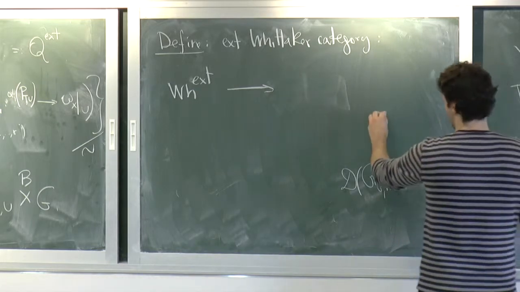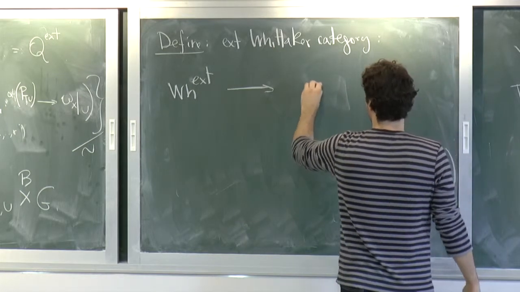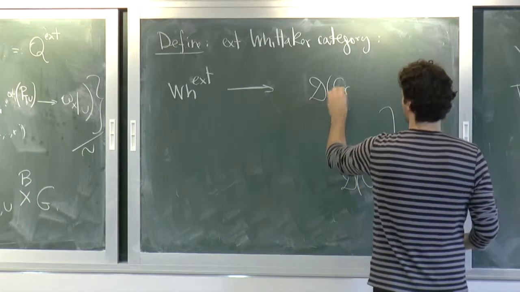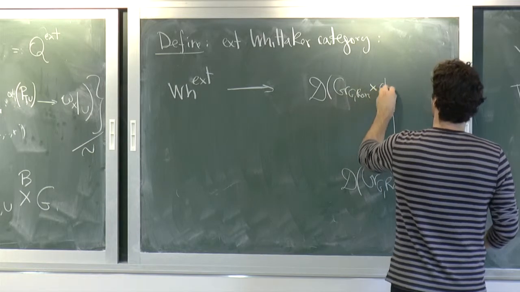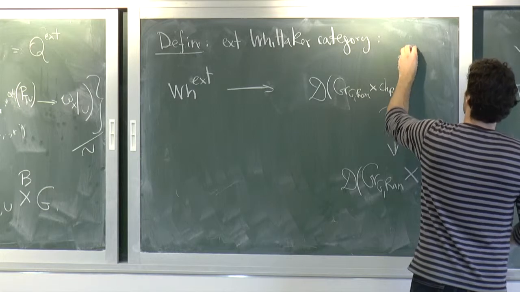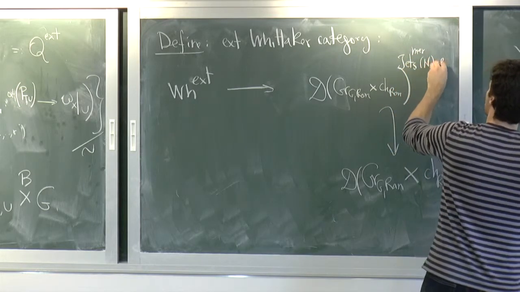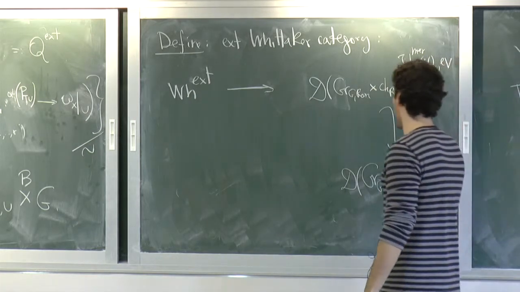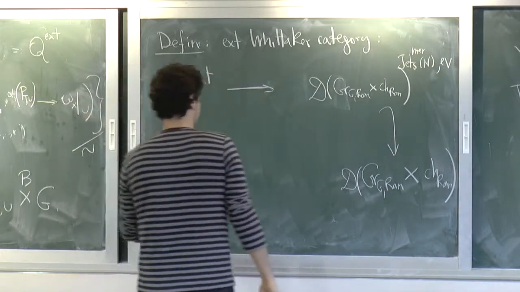And inside that, I have a full subcategory, which is the one I just erased, that I should explain, where I take equivariance with respect to jets against the evaluation. So meromorphic jets, Run space, against the evaluation. That's a full subcategory. And now I want to get back to Q_x, so I'll put it here.